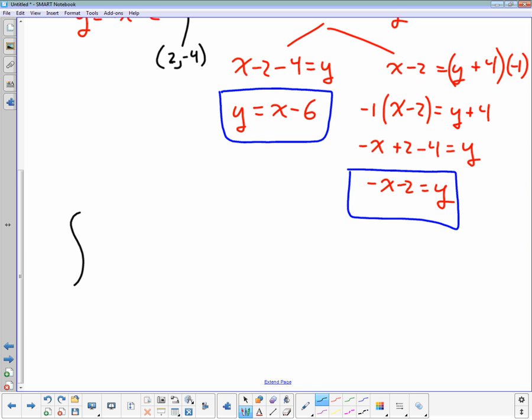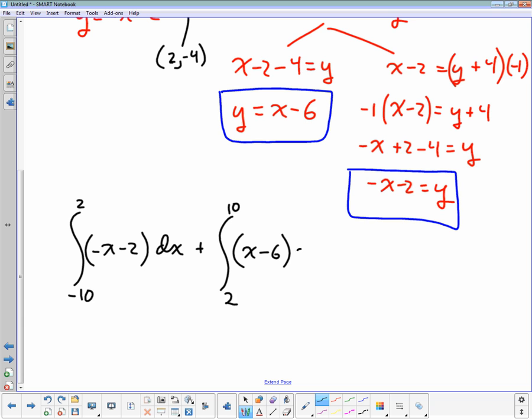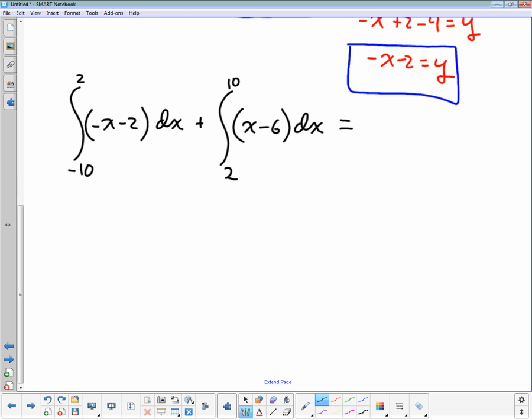So now we have the integral from negative 10 to 2 of negative x minus 2 dx. We're short on time, we've only got a few minutes left, so I'm just going to burn through this real fast.